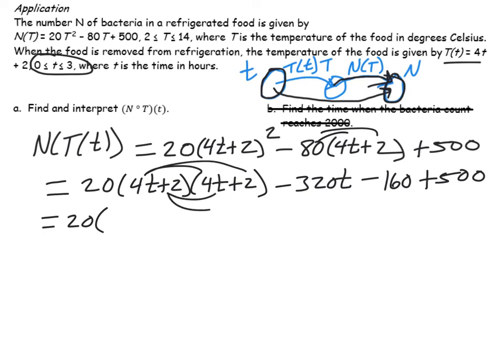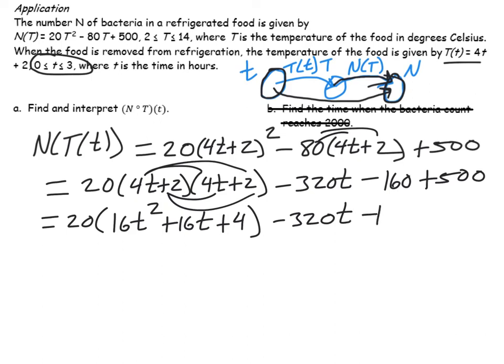That's what's coming next, is to FOIL that, which will be 16t squared plus 16t. All right, basically two steps left. I've got to distribute this 20. Like I said, lots of distributing, and then I've just got like terms that I need to combine.